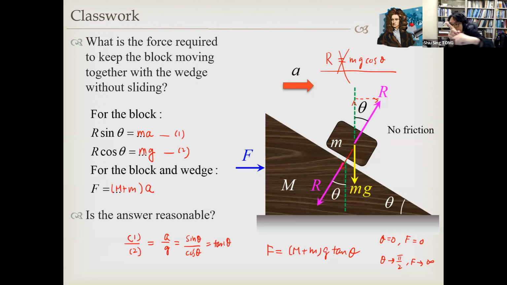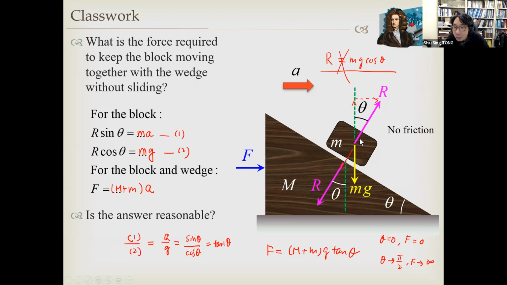So when the block is moving horizontally, there is actually a component of acceleration along the direction perpendicular to the plane. That means along the direction perpendicular to the plane, the forces are not balanced. So you cannot equate R with mg cosine theta.